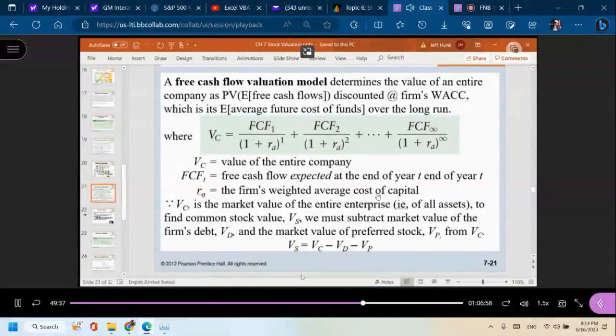In other words, equity ratio, right? 60% times required return plus the debt ratio, 40% times the cost of debt, right? And okay, so the important concept here is the weighted average cost of capital, right?